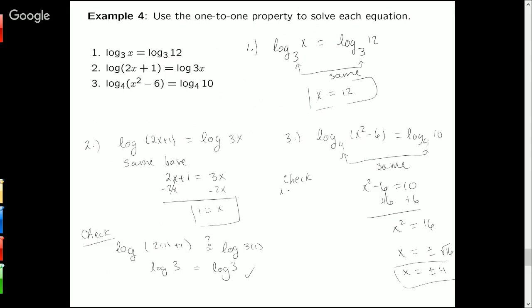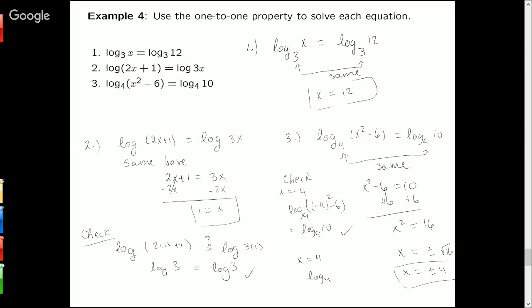How about check it over here? I'm going to check that x equals negative 4 first. So we have log base 4 of negative 4 squared minus 6. What is negative 4 squared? 16 minus 6? 10. Is that what you have on the other side of the equal sign? Yes. That one worked. So check x equals 4.